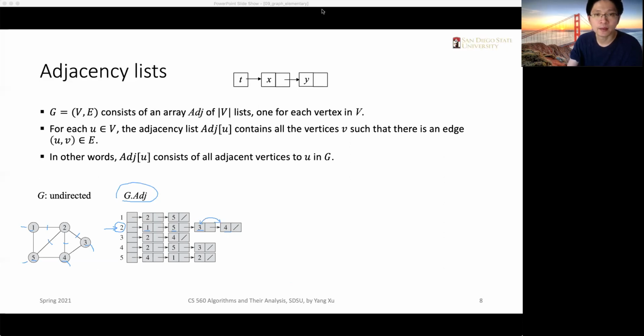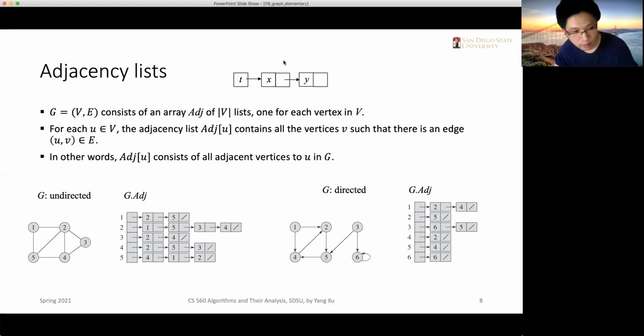All right, let's look at a different example using this directed graph. The graph is directed, which means we have arrows in it. Let's look at vertex 2 now. The directed graph has a constraint on the edges.